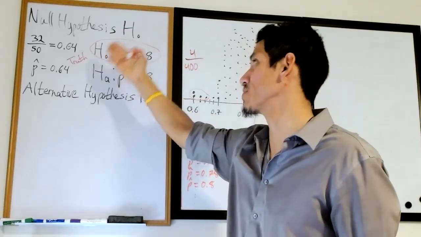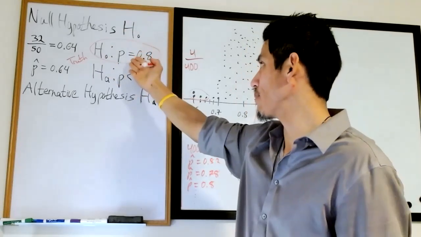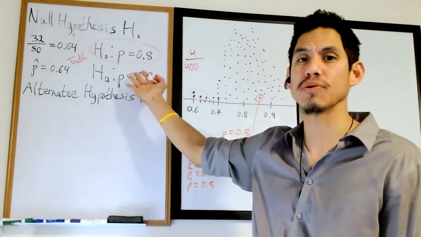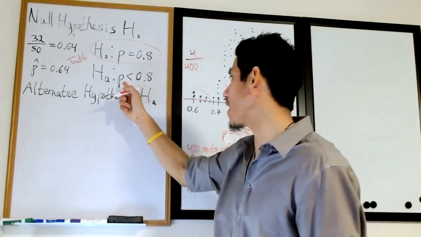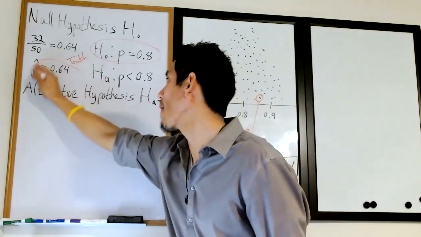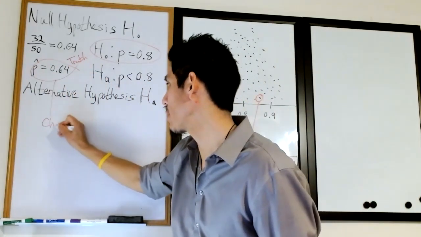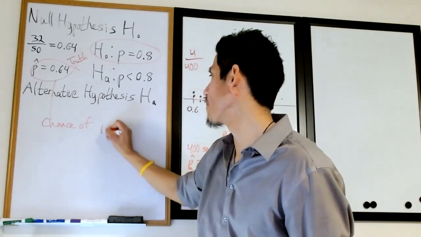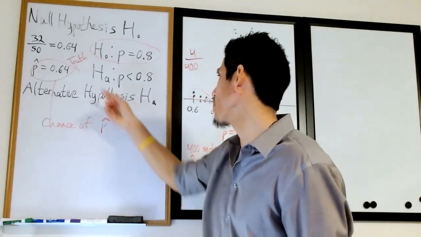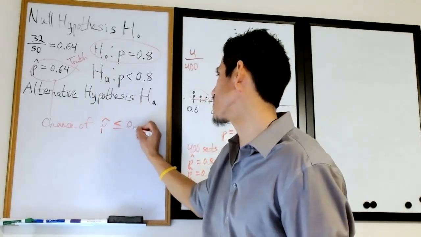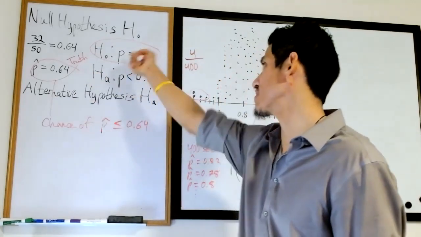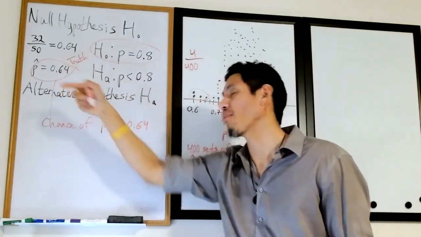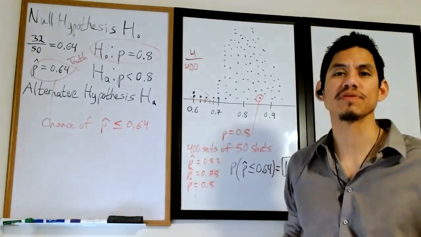We start with our H0. We assume the H0 is true. We assume the population proportion is 0.8. If this is true, what are the odds that you're going to get a sample proportion p hat less than or equal to 0.64? What are the chances that you only make 64% of your free throws?